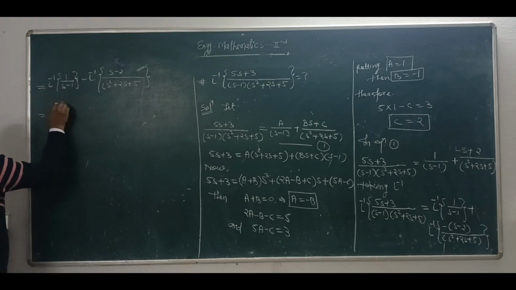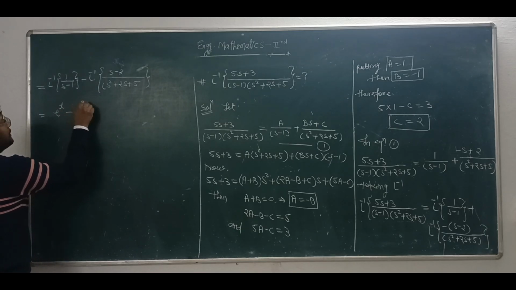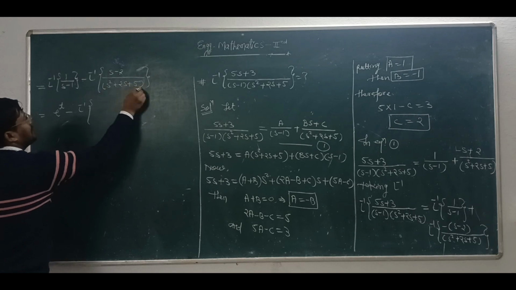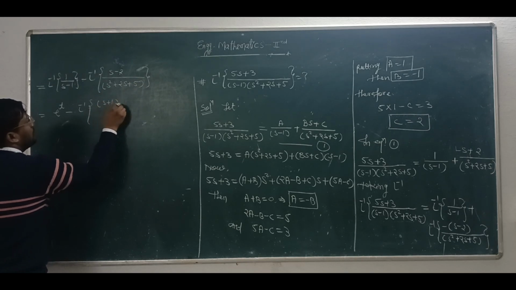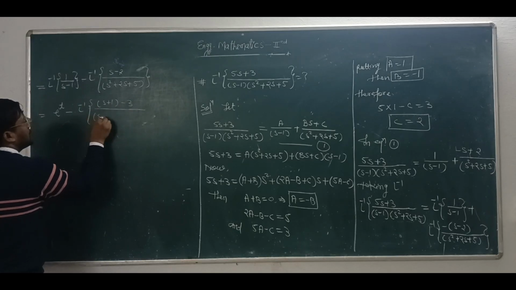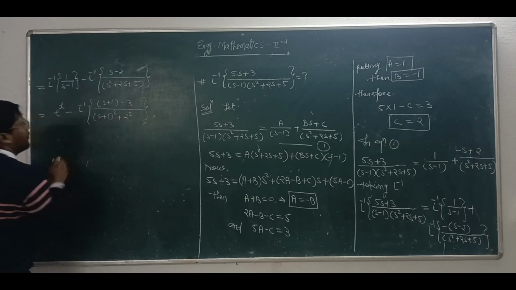E to the power t is the function of 1 upon (s minus 1), minus L inverse of, breaking this function, (s plus 1 minus 3) upon ((s plus 1) to the power 2 plus 2 square).